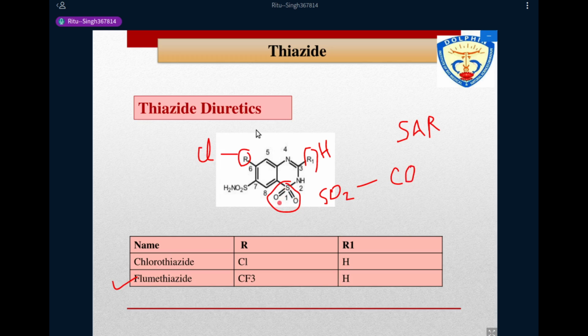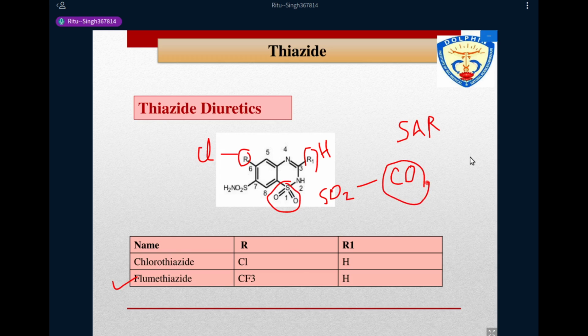So when we add this CO group at the first position, the activity of the drug increases. Clear to everyone? So this CO group can be used to increase the activity of the drug.